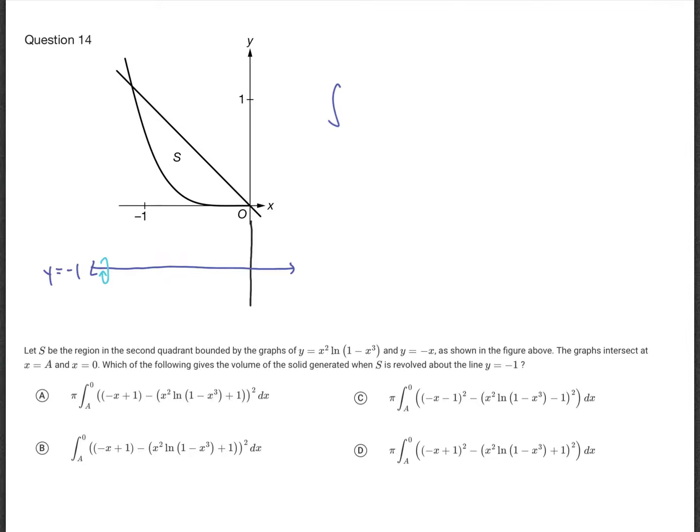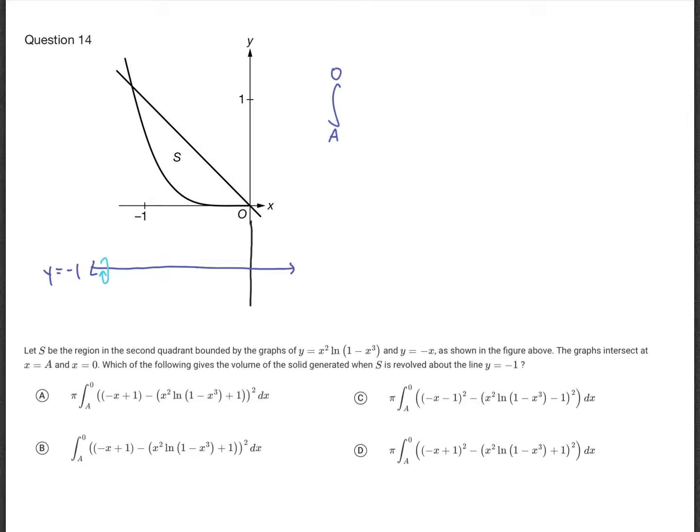Now, when we revolve it, this will be on the outer, and this will be the inner. You can kind of picture when you revolve, this will be on the outside, and this will be on the inside. So let's start with the outer radius.